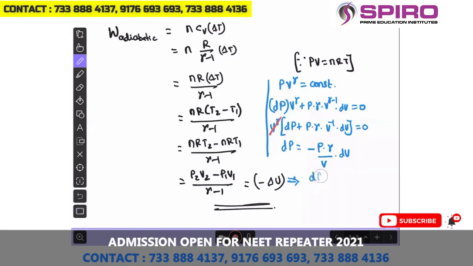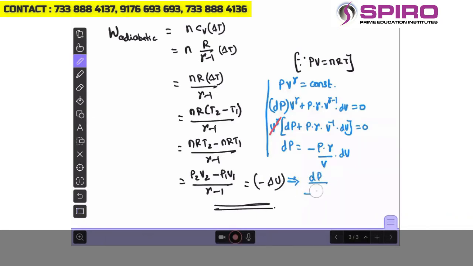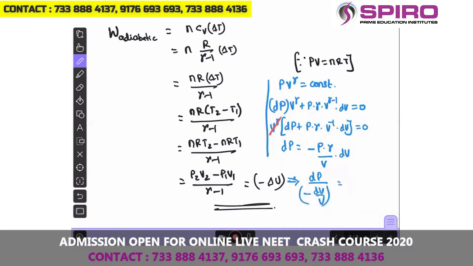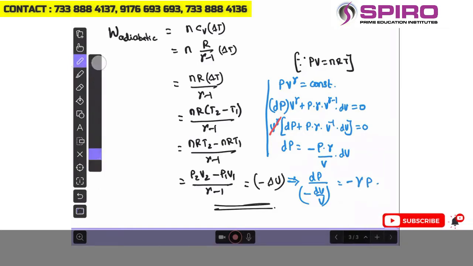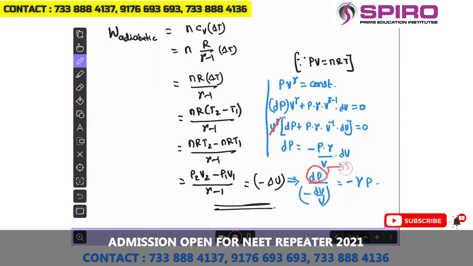So this implies dP divided by minus dV by V is equal to gamma times the pressure. What does it say? dP is nothing but the bulk stress, and dV by V is the bulk strain.